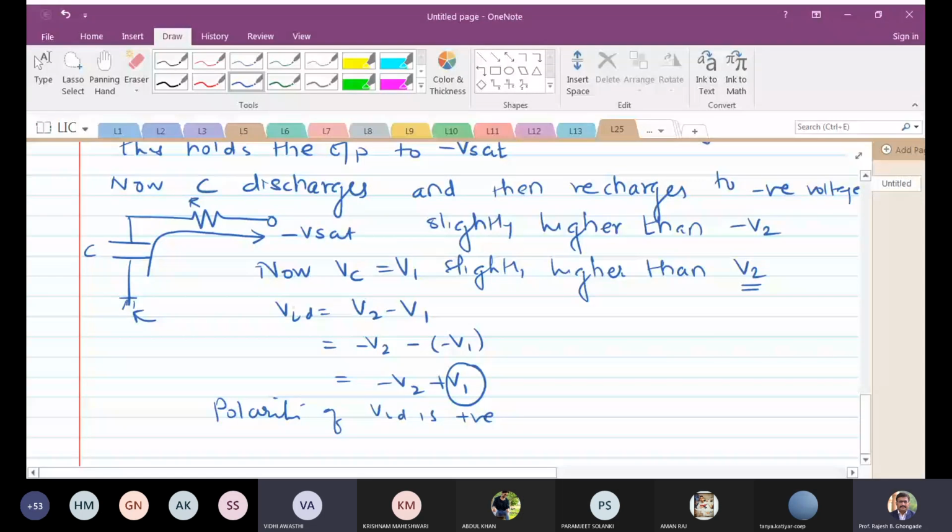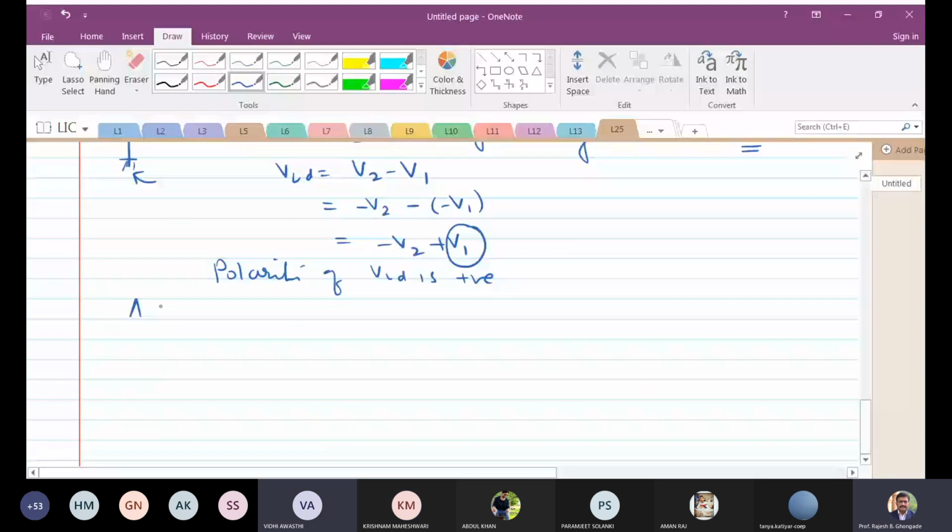So VID is positive. And now if VID is again positive, what is going to happen to the output of the op amp? Again, it shifts to positive Vsat. The output is forced to plus Vsat.